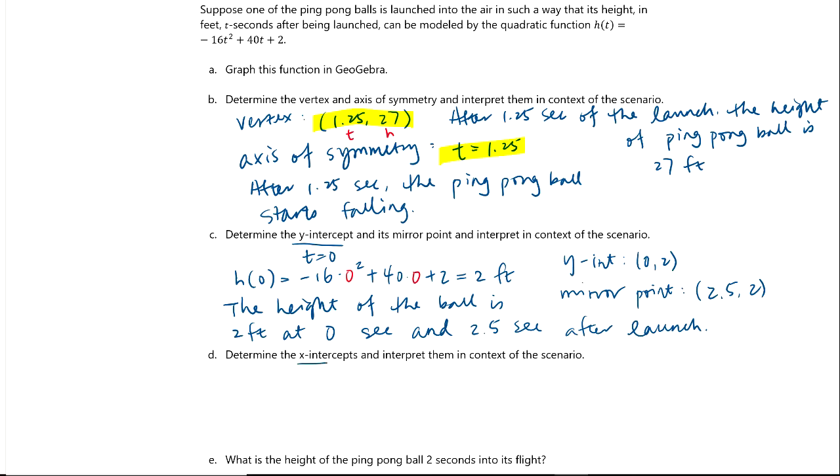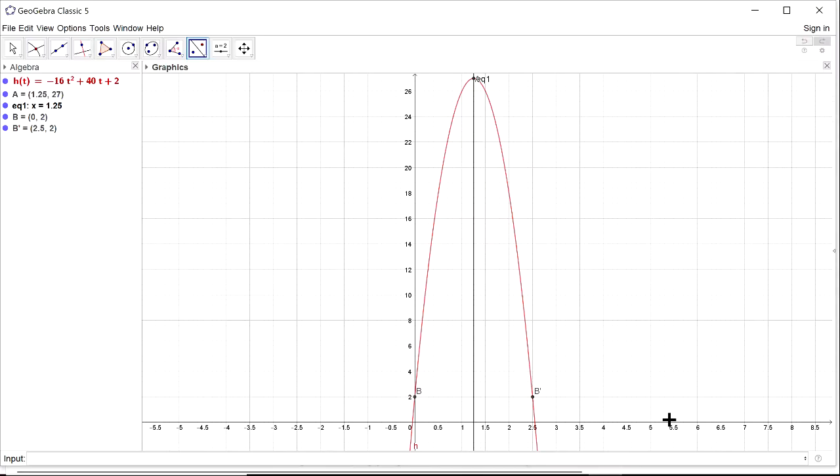So if we want to look at the x-intercept, we're really thinking about where h of t is equal to 0 on the graph. And looking back to this, I can do the same thing as what I did before using the intersect function. We can find where the function intersects with the x-axis.